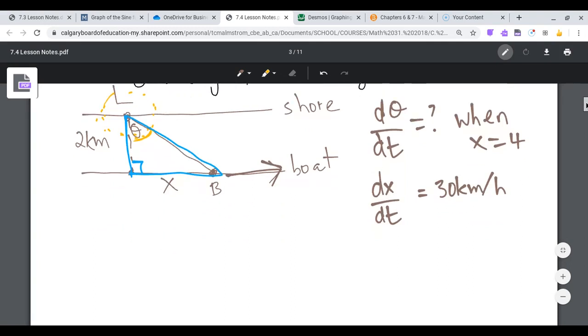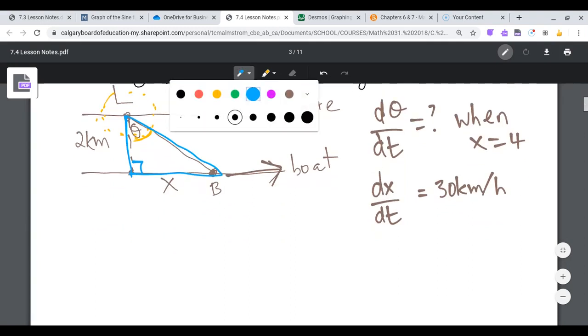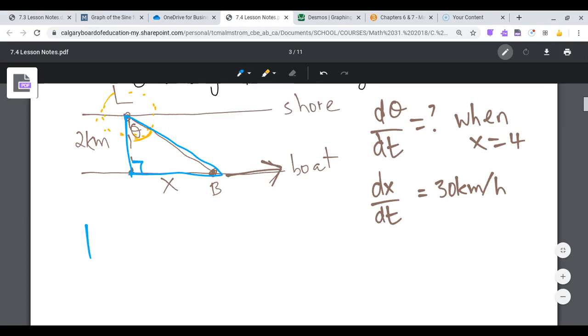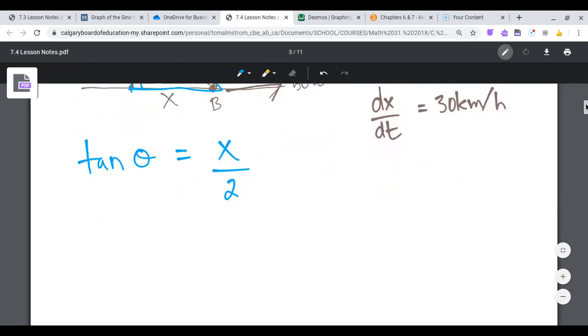Okay, so when I am thinking about this, I'm back to my SOHCAHTOA. And again, hopefully you see this as a tan function. Tan theta is equal to opposite, this time is x, over the adjacent, which is 2. Okay? So I have that tan theta is equal to, you might prefer to see that as 1/2 x.